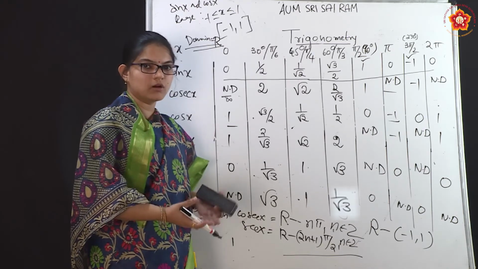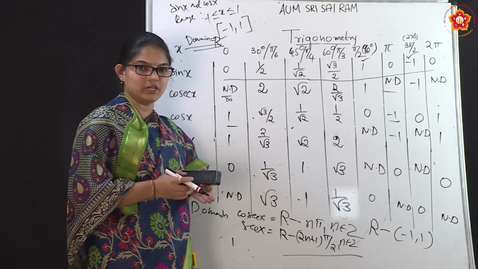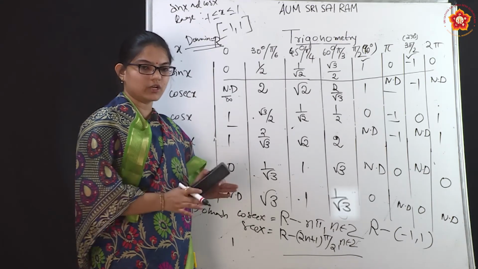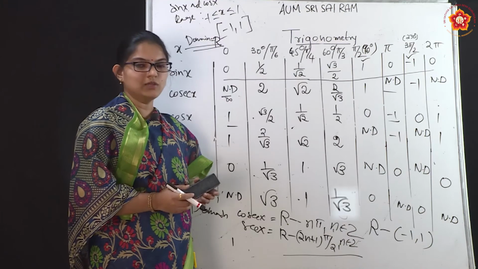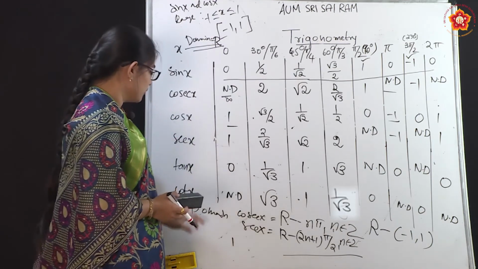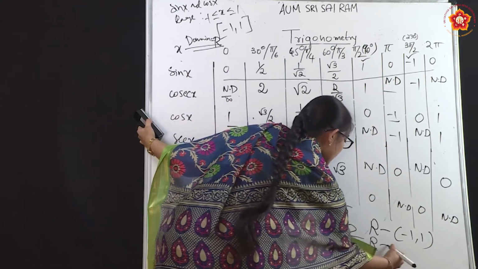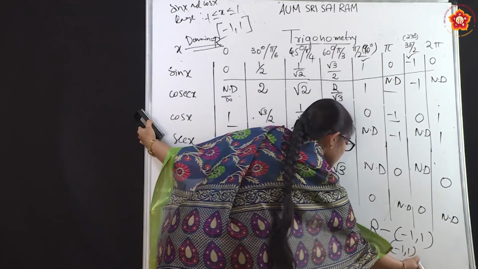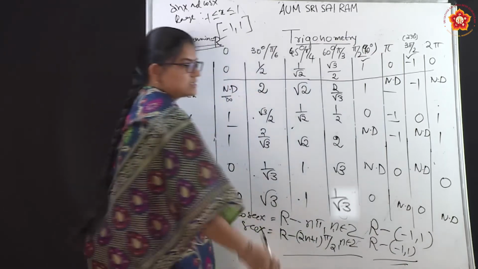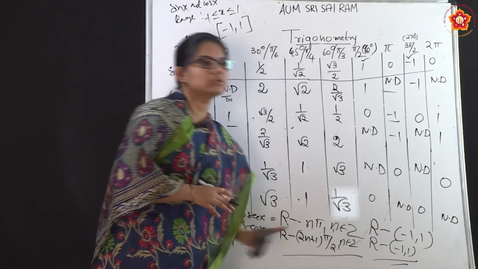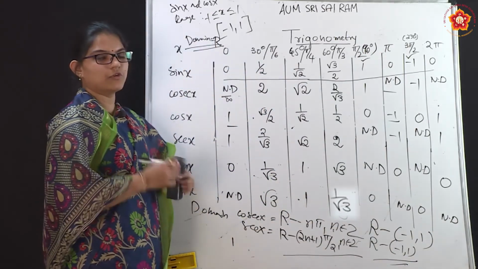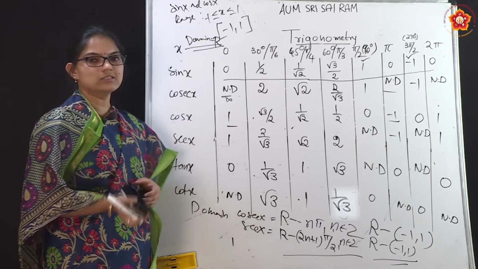Whatever element belongs to the open interval (-1, 1) cannot be a value for secant x. So the range for secant x is also R minus (-1, 1). Except this range, the remaining real numbers will be the values for cosecant x and secant x.